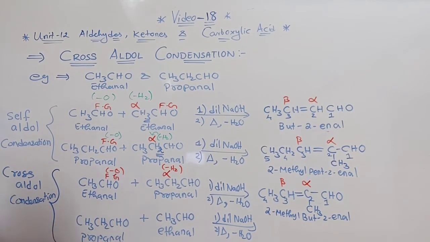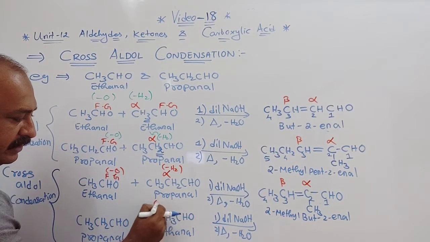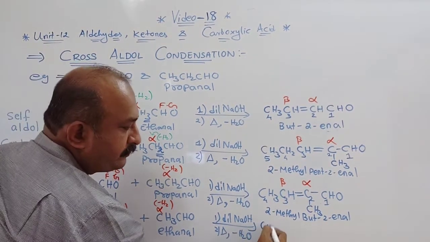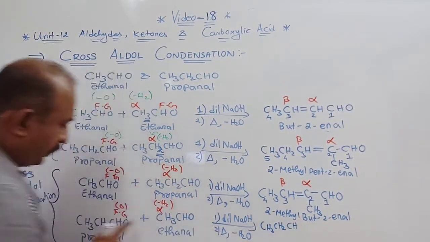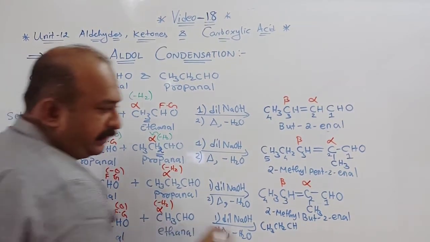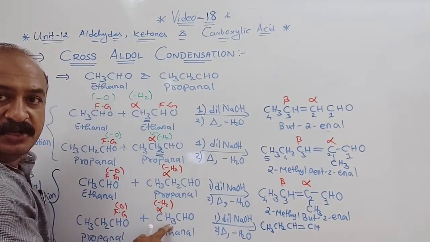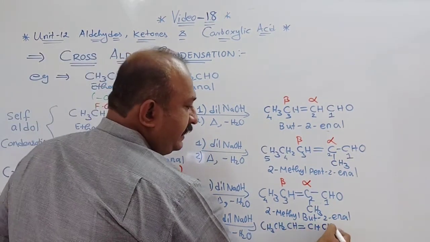Same way when we take propanal in this, pay attention here. From this alpha carbon, I will remove 2 hydrogens, and from this functional group I will remove oxygen. So I get CH3, CH2, CH, because oxygen is removed from here. From here I remove 2 hydrogens, so a double bond, CH, and what remains is CHO.